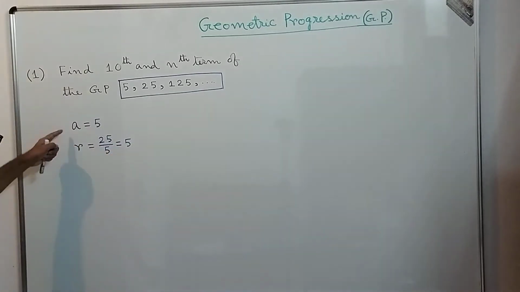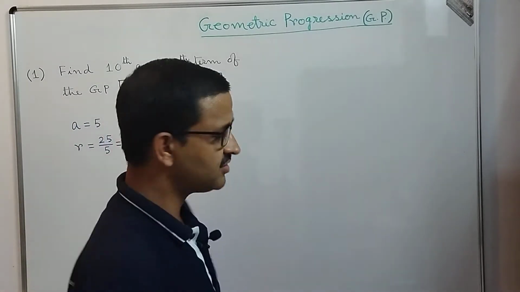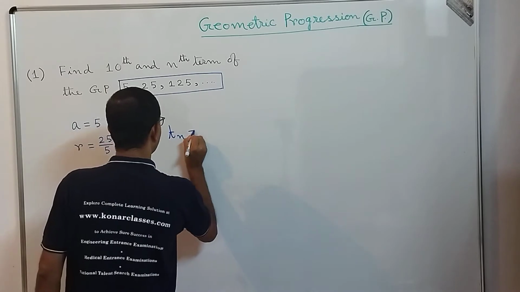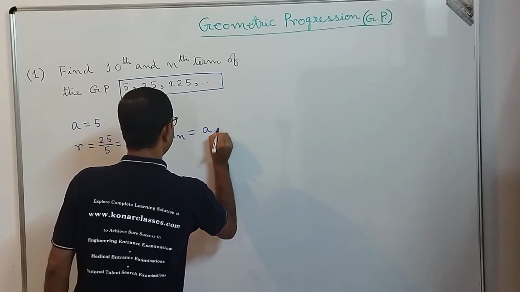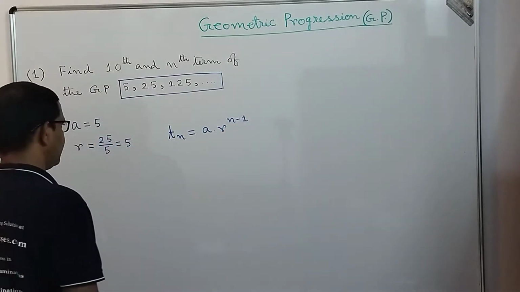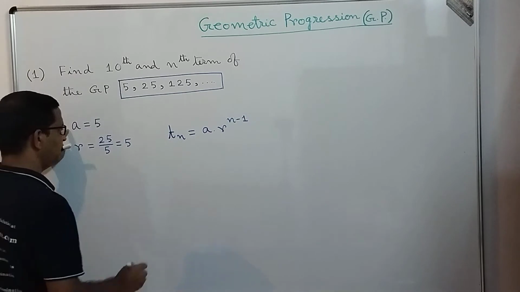So now, as we know the first term and common ratio, we can find the nth term. What is the nth term? The nth term is denoted by Tn, if you recall, and that is equal to A into r to the power n minus 1. Okay. So in this example, what is the value of A? A is 5.